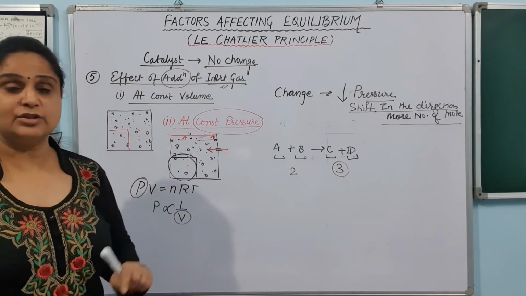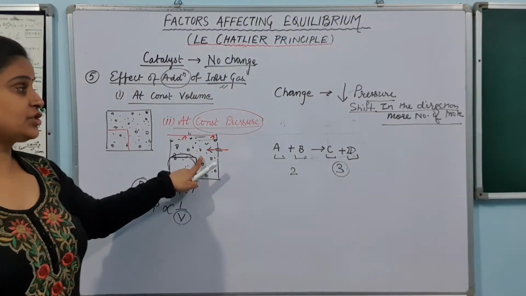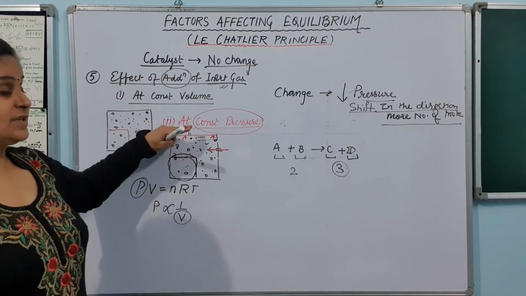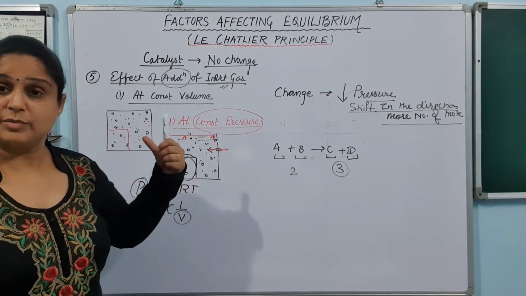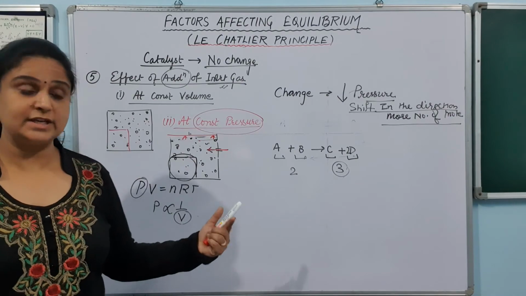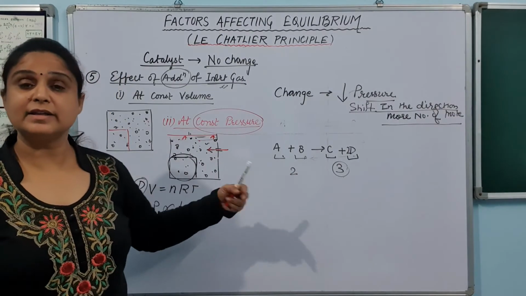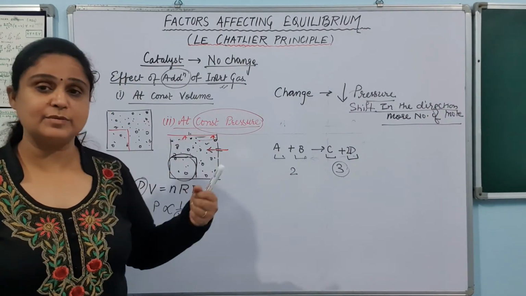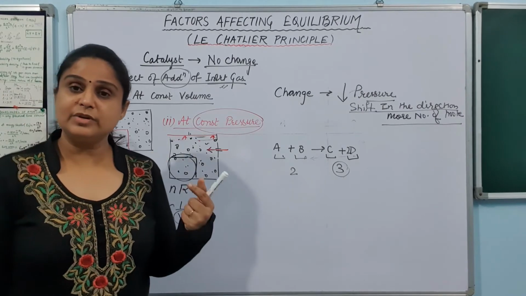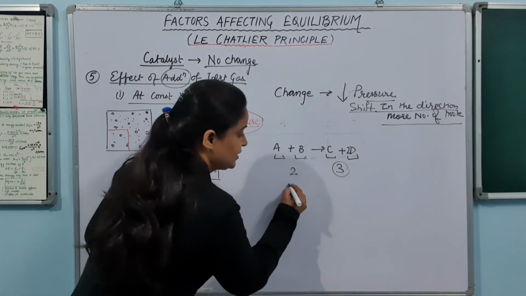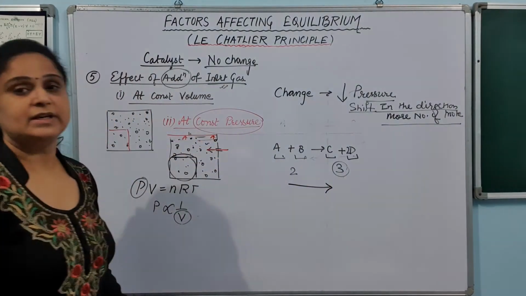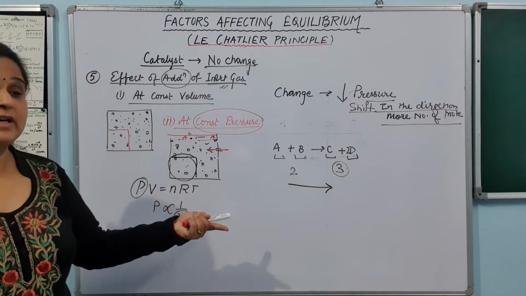You have added inert gas to it, due to which the volume is increased, due to which the pressure decreased. The pressure has decreased, so it now has to increase the pressure to undo the change. As soon as it tries to increase the pressure, which way will it go? Pressure will increase only when the moles are more. So it will shift the reaction in the forward direction so that the pressure will increase.